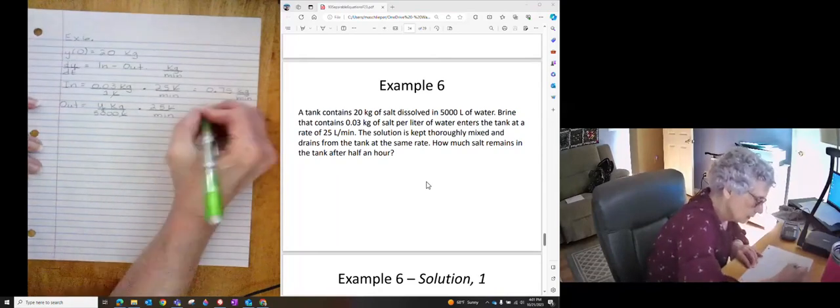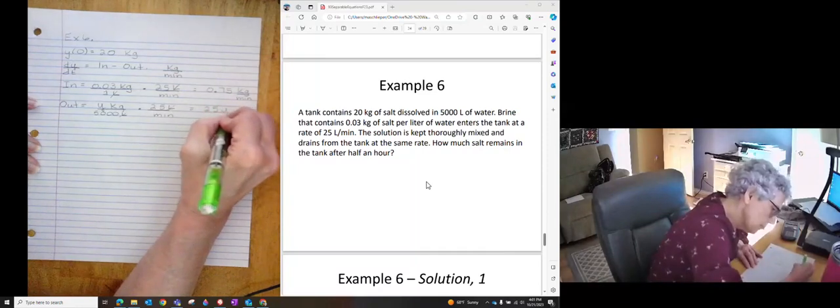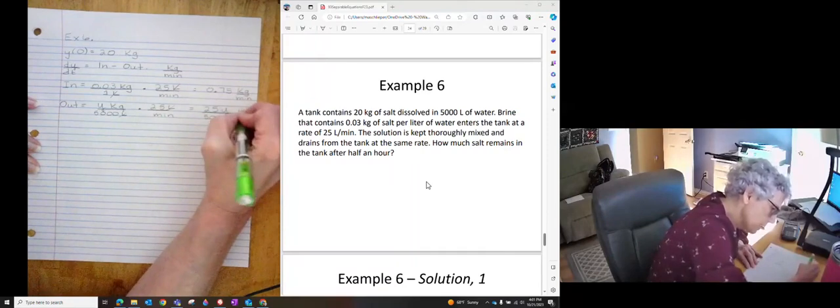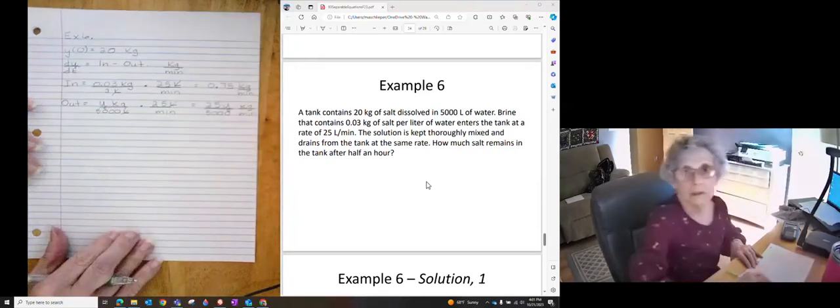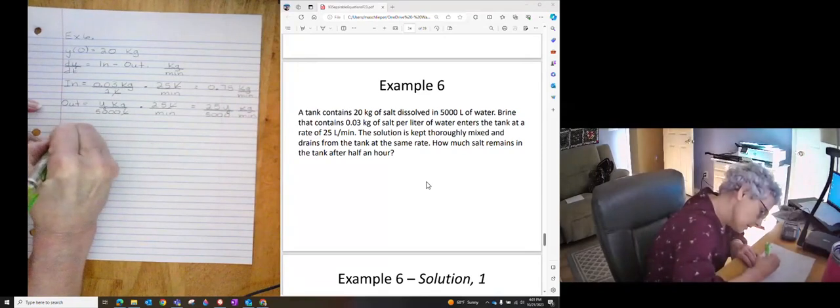Now I can cancel again liters with liters, and I end up with 25y over 5,000 kilograms per minute.